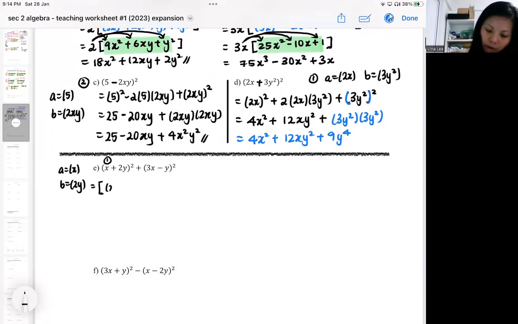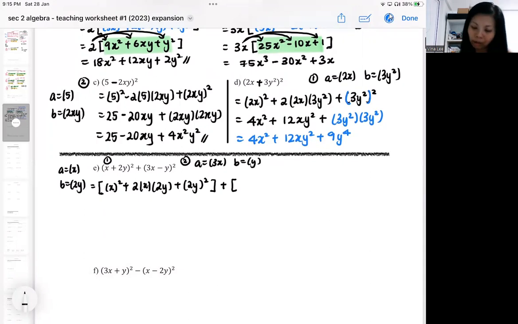So you got a squared plus 2ab plus b squared. The second one is the second formula. A is 3x, B is y. So do your formula in the bracket again. So a squared minus 2ab plus b squared. So you write out the formula first.